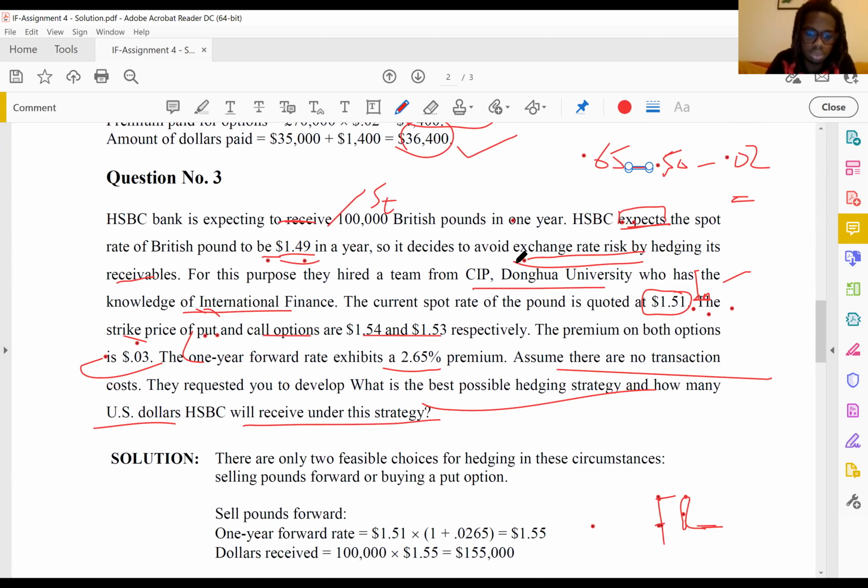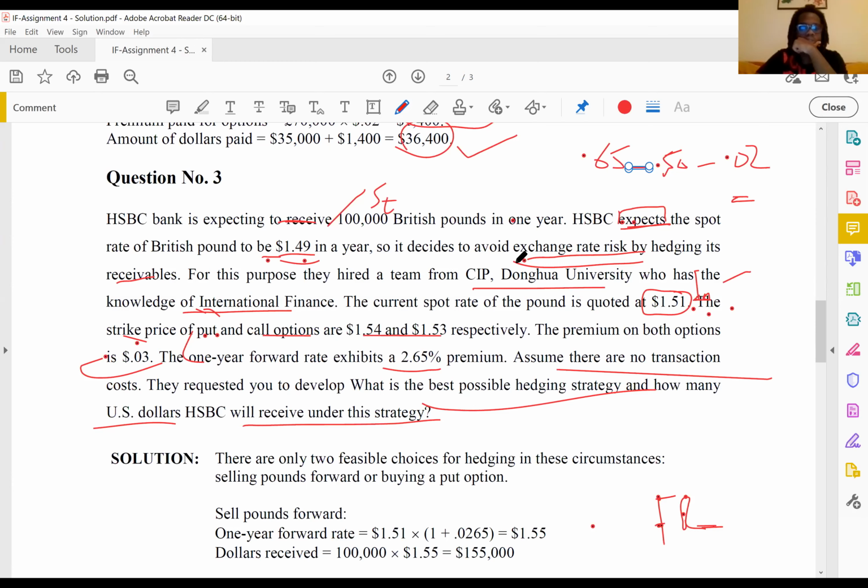Sorry, pound, you are receiving pounds. So your biggest risk is that the pound will depreciate. You will be happy if the pound appreciates because you will receive more dollars. If you're receiving more money, you will be happy, and if you're receiving less money, you will be quite angry and devastated, right? So your biggest risk is that it will go down.